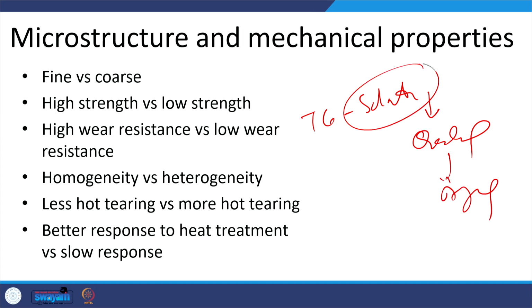The solutionizing step takes very long if we have a coarse grain structure. That is attained in sand mold casting, while die casting results in a fine grain structure. So the response to heat treatment will be far better for die cast components compared to sand mold cast components.